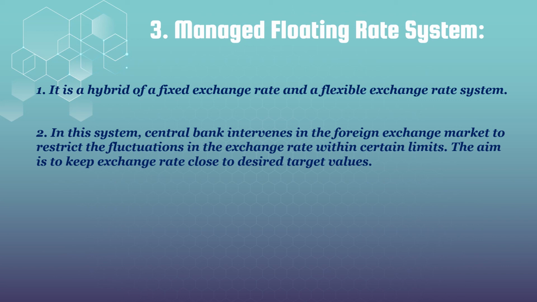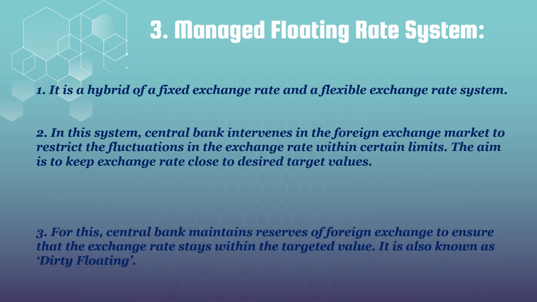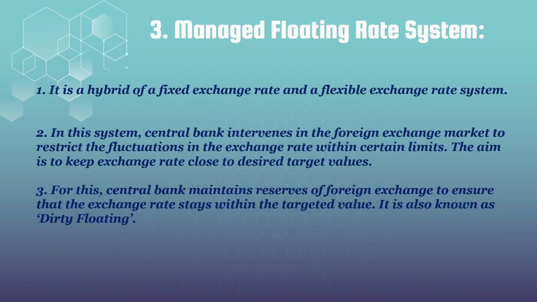The main aim of the central bank is to ensure that the exchange rate gets closer to desired target values and does not fluctuate to higher or lower places. Next, for this, the central bank maintains reserves of foreign exchange to ensure the exchange rate stays within the target value. It is also known as dirty floating.